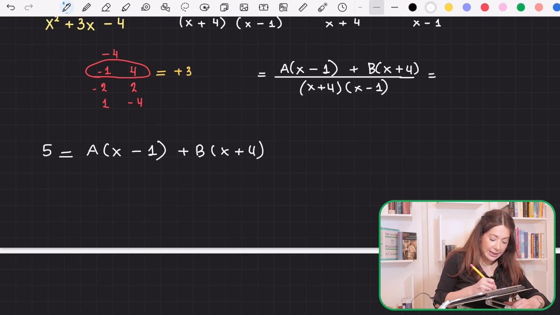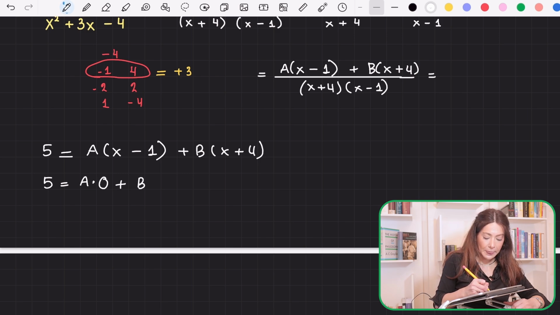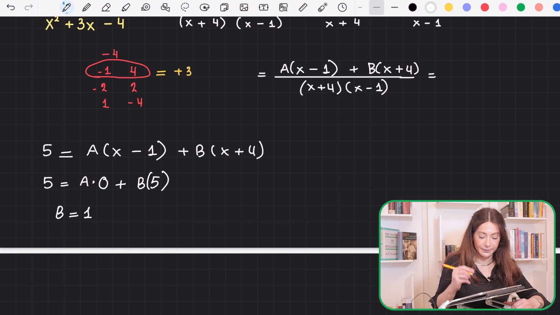So we're going to eliminate a by allowing x to be 1, okay? So if x is 1, what do I have here? The a term goes away and I have 1 plus 4, that's 5, right? So then b must be 1, okay? Then let's allow x to be -4.